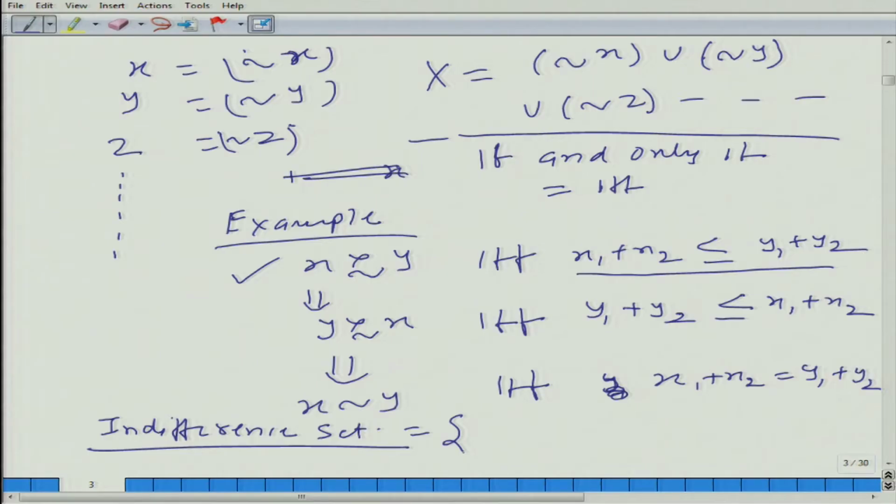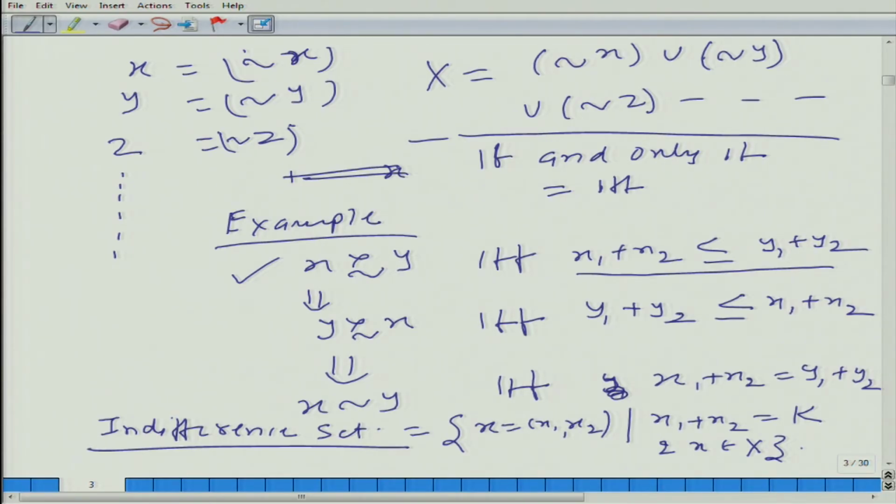We can write here that the indifference set is made of x, which is equal to x1 comma x2, such that x1 plus x2 is equal to constant k, it can be any real number, and x belongs to the consumption set, fine.